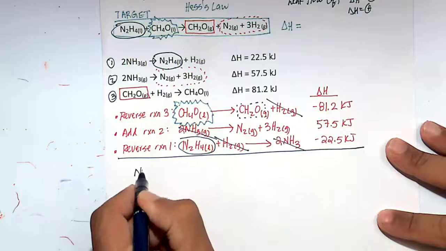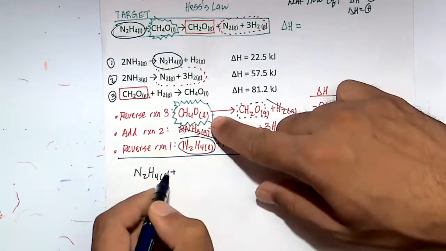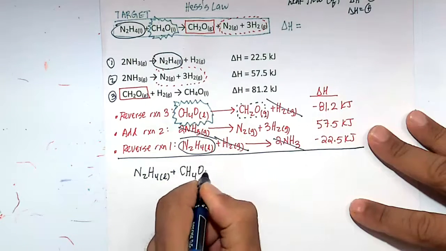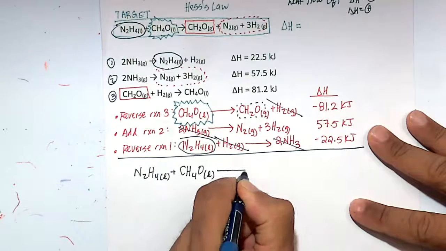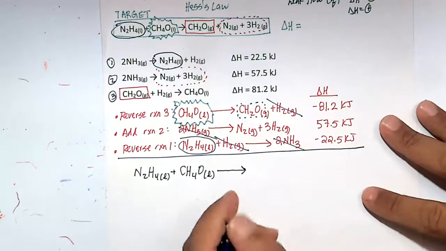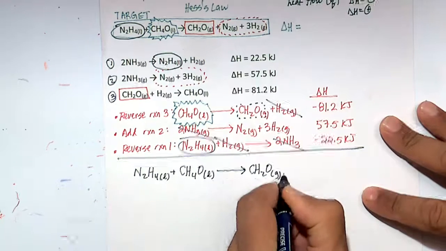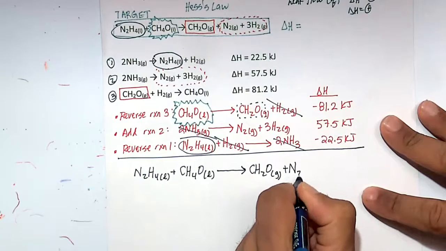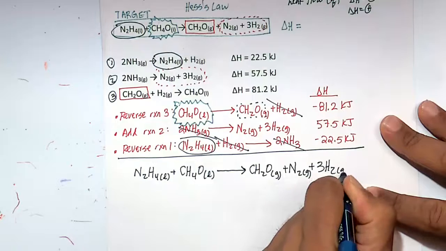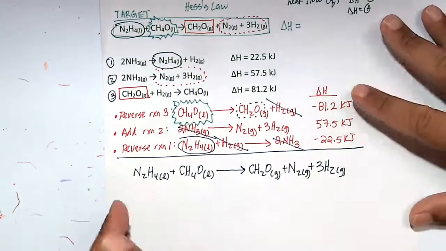We have N2H4 liquid plus CH4O liquid goes to CH2O gas plus N2 gas plus 3H2 gas. So I got my target. See, that's what you want to do. You want to get your target again.